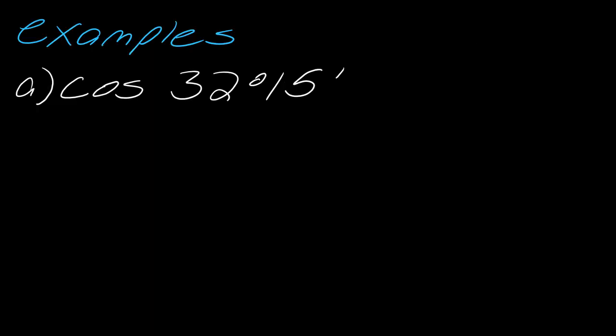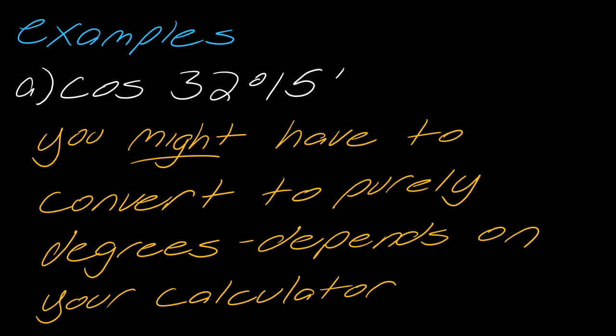Okay, so I want to just go through a few examples of how you actually can plug this into your calculator, because I know it sounds really easy, but there's a couple of weird situations that can come up. This is one of them. So I've got degrees and minutes. Okay, so here's the deal. You might have to convert to purely degrees in this situation.